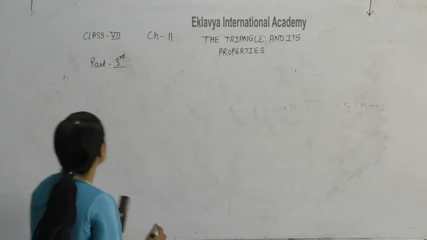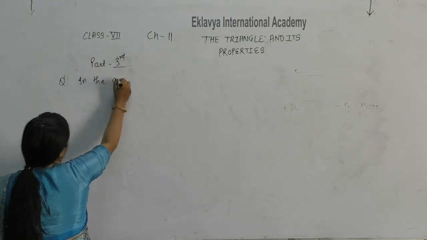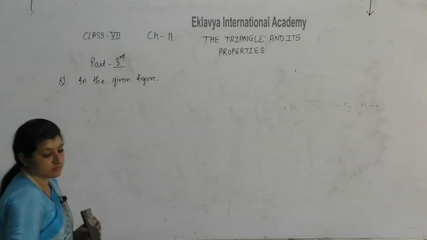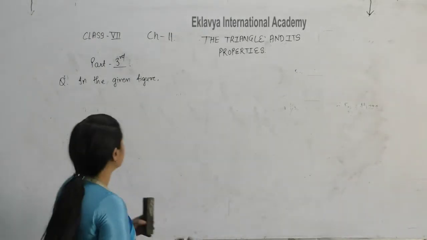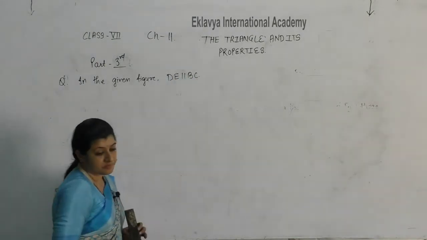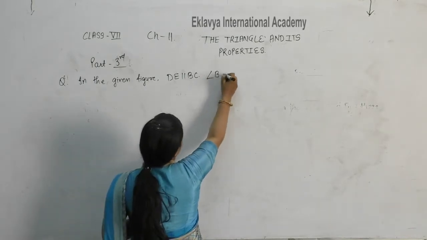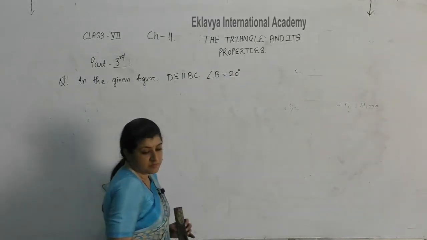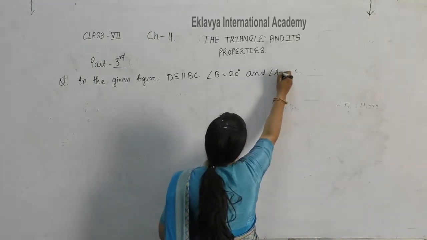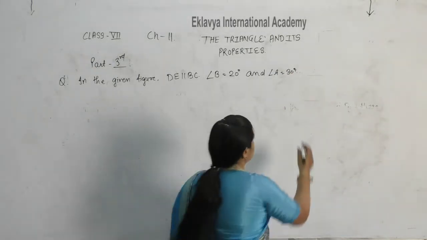In the given figure, DE parallel to BC. Angle B is equal to 20 degree and angle A is equal to 30 degree. Find the lettered angles.